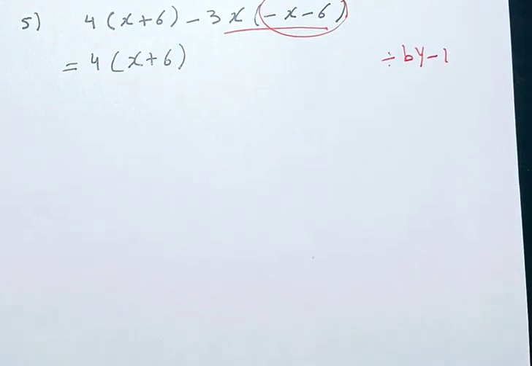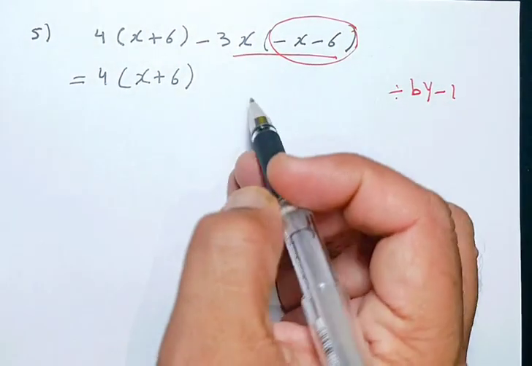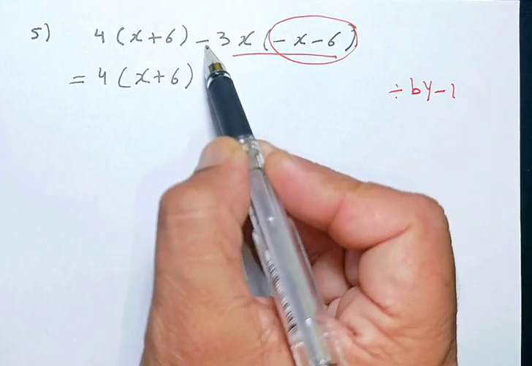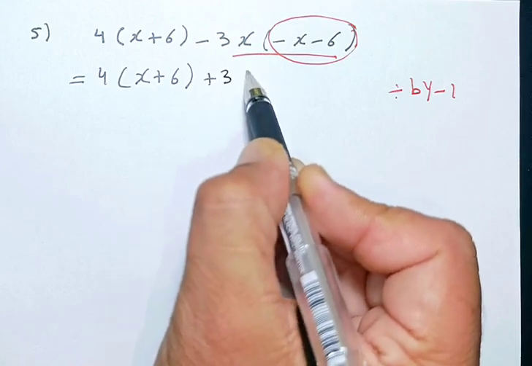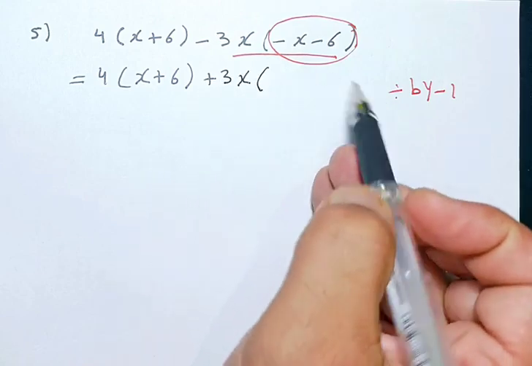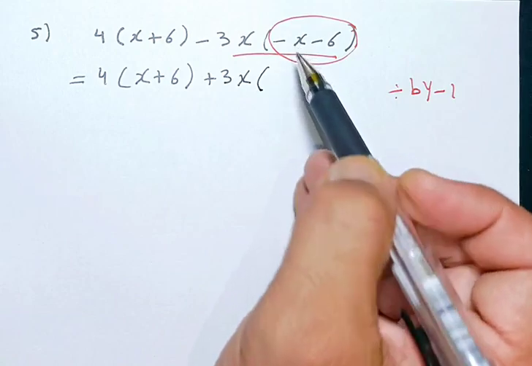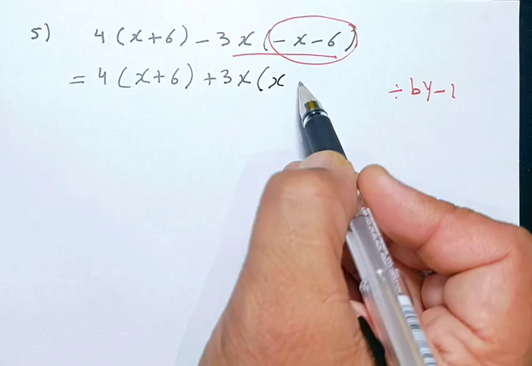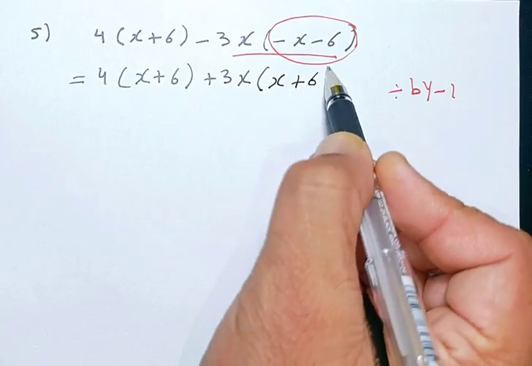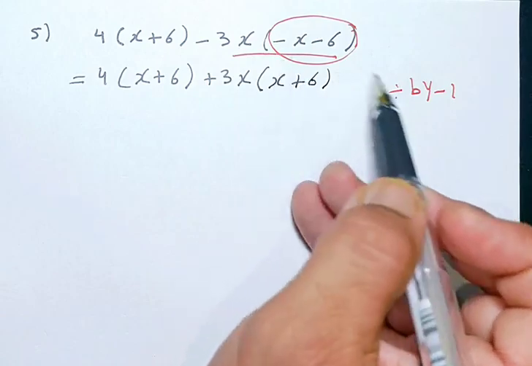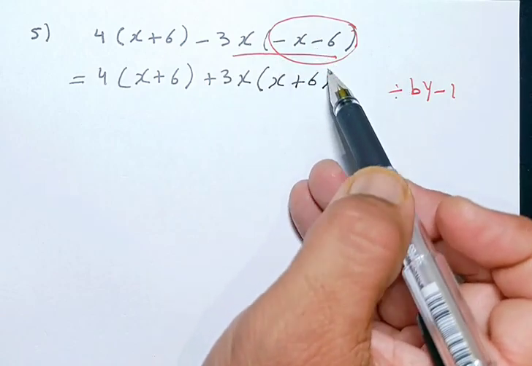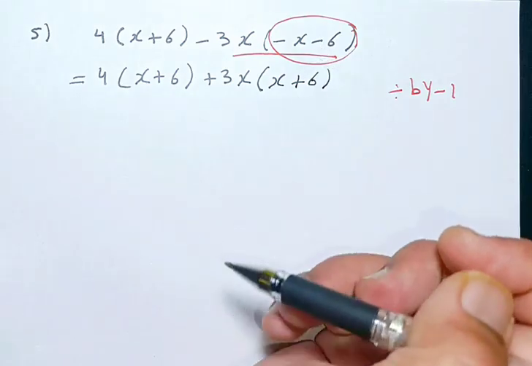Have a look. So now this negative becomes positive 3x, and the negative x becomes positive, and the negative 6 becomes also positive, because negative divided by negative is going to be a positive.